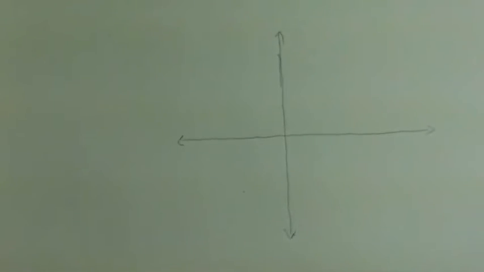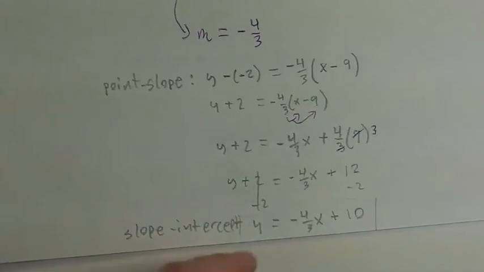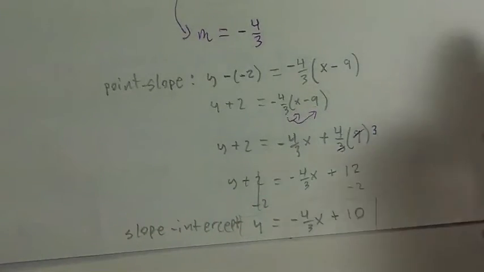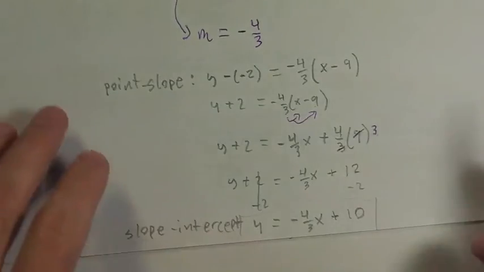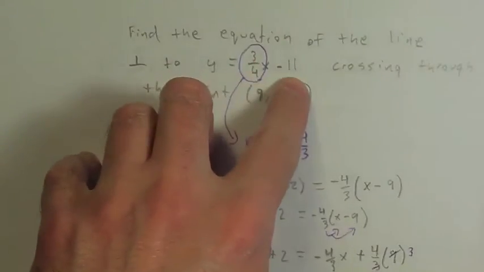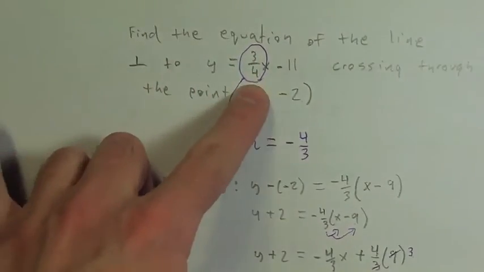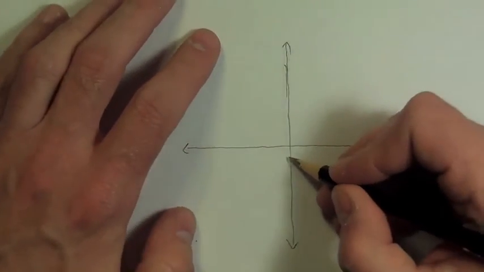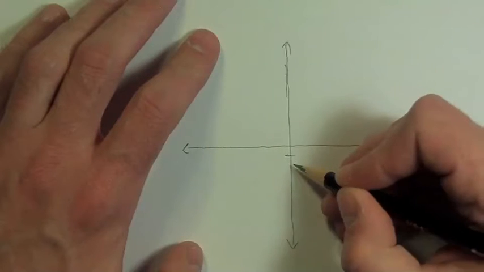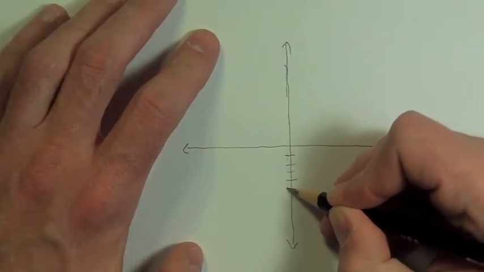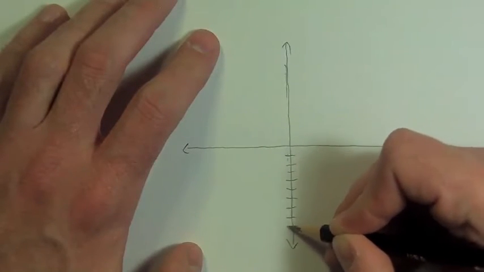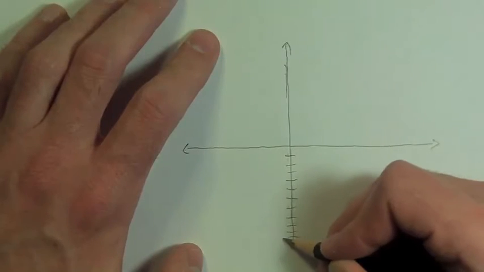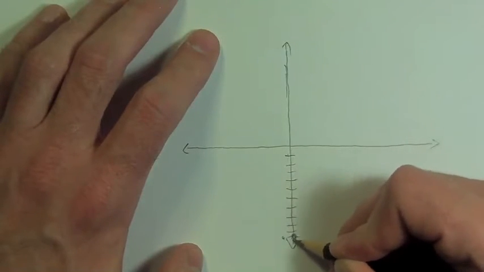Alright, that should just about do it for this section, but I want to graph these and see if we get anything worthwhile. So let's graph our original. We have to go all the way down to -11 here to get that y-intercept of -11. So 1, 2, 3, 4, 5, 6, 7, 8, 9, 10, 11. Here's -11 for my y-intercept.